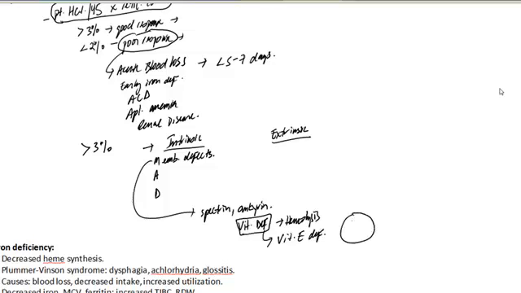Think about the erythrocyte. Vitamin E is necessary for the membrane integrity of the erythrocyte. If you have a vitamin E deficiency, you're going to get hemolysis, okay? So a blood problem that can cause a membrane defect is a vitamin E deficiency.